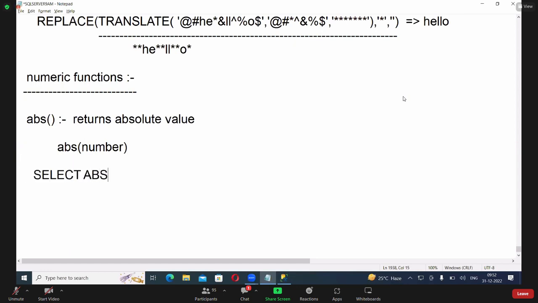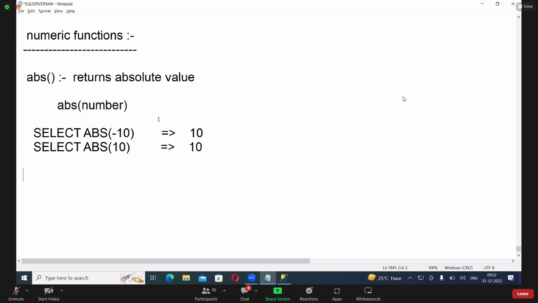Select ABS of -10 gives 10. ABS of 10 is 10. Even if you pass a negative value, it returns a positive value.